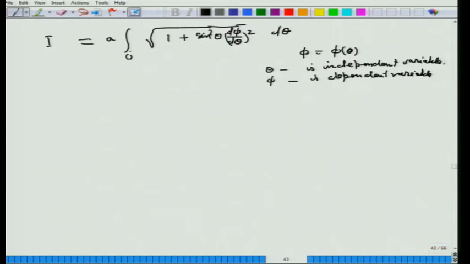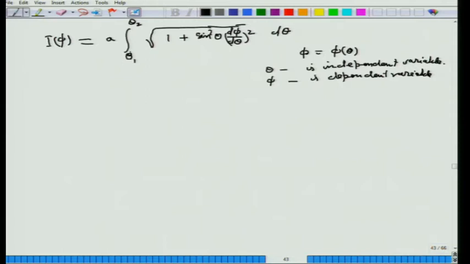So, this is the functional we have here, which gives the length, so it will be a function of this phi, and that is what we will write as I of phi, lying between two angles, theta 1 and theta 2.